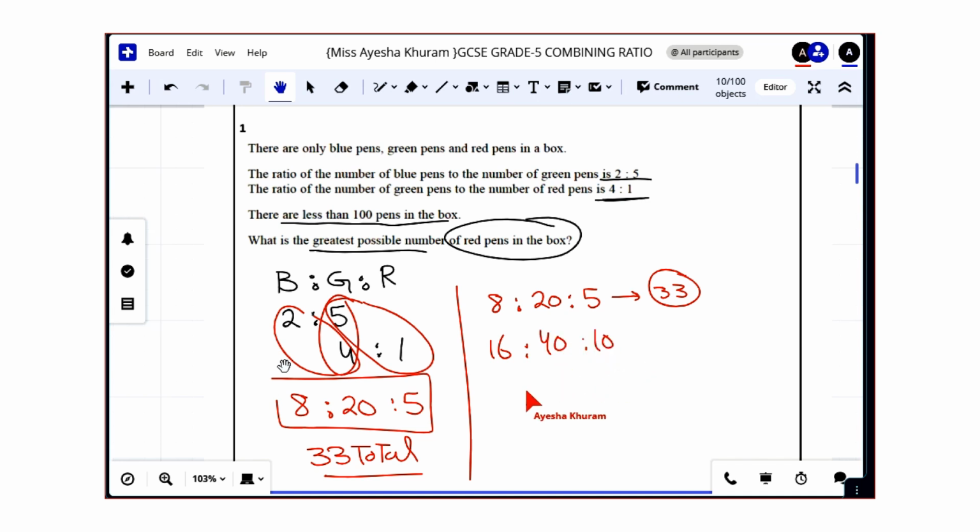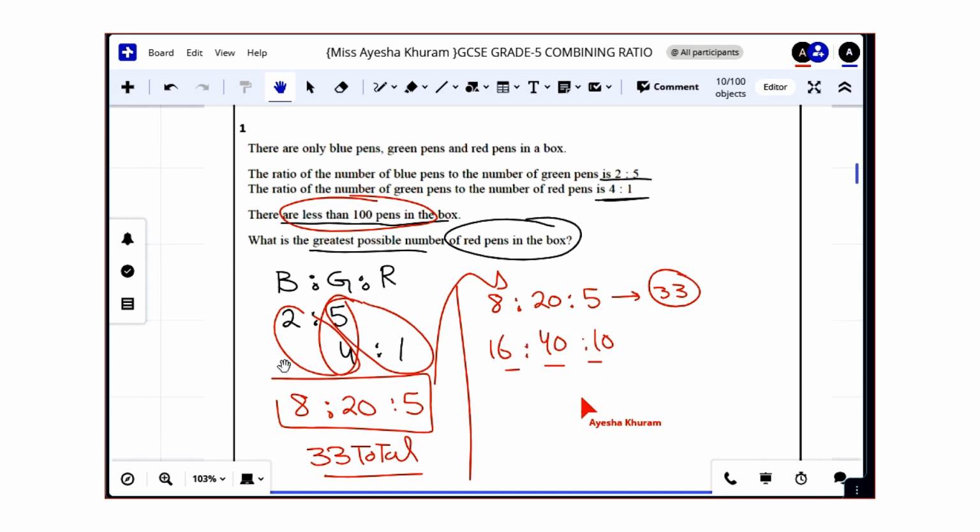I'm just using equivalent ratios, because the number of pants in the box is less than 100. The first one I wrote is the same as 8 to 20 to 5, which gave 33. Because I have to find the greatest possible number, I'm finding equivalents: 8 times 2 is 16, 20 times 2 is 40, 5 times 2 is 10.